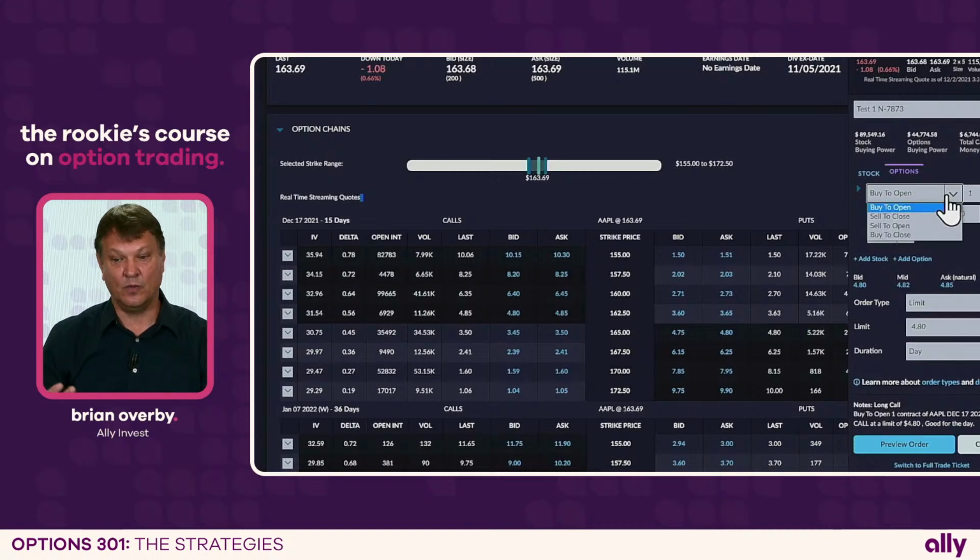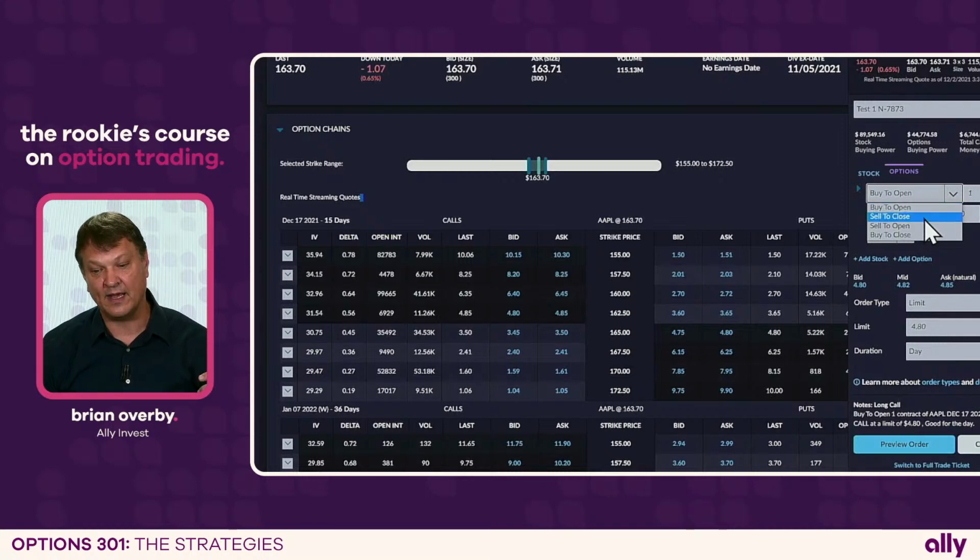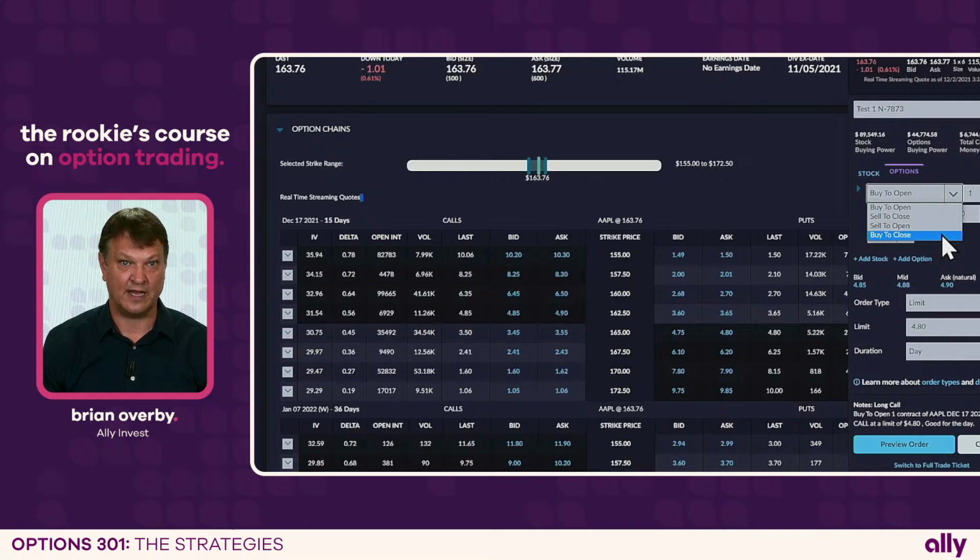If I'm long that option contract in my account, I am going to be selling to close. If I am short the option contract because I did a covered call, I am going to be buying to close in that position.